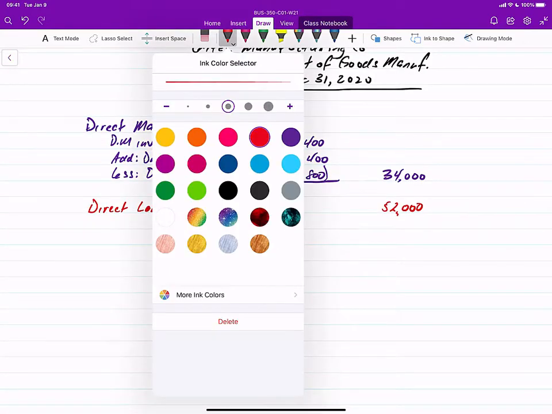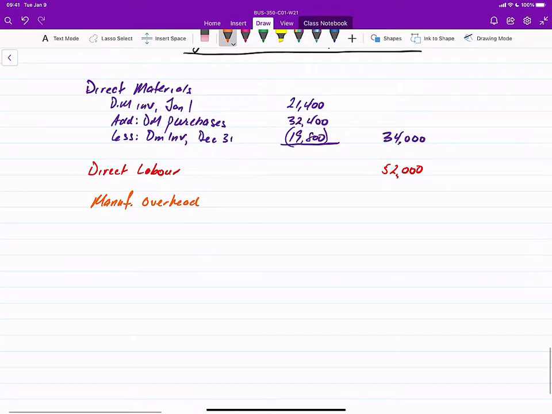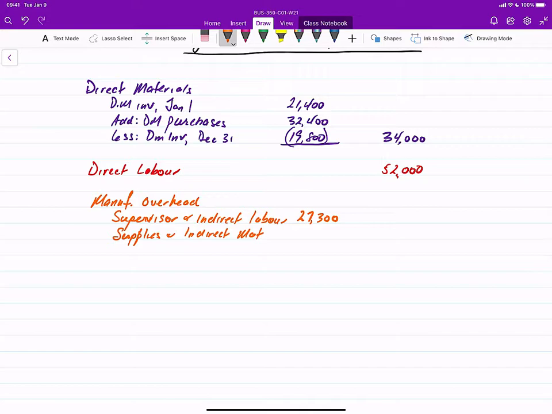And then we'll have a section for manufacturing overhead where we will list all of the applicable overhead items so that a manager can see what the overhead is line by line. So we have supervisory and indirect labor, 27,300. We have supplies and indirect materials for 5,400. Then we have the heat, light, and power.